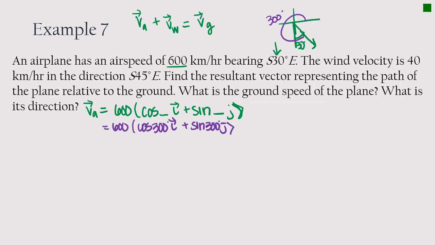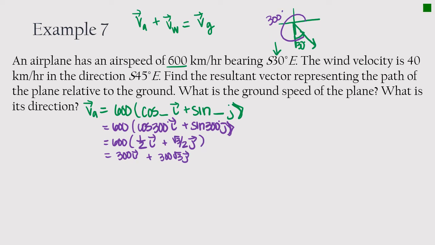Okay, so that ends up giving us 600 times, so the cosine of 300 degrees is 1/2. The sine of that is negative root 3 over 2. So then when I multiply these out together, I get 300i minus 300 root 3j. Okay, so there's the aircraft vector.